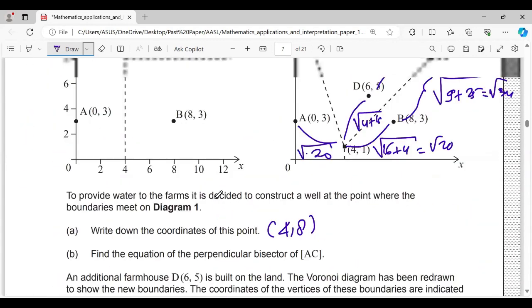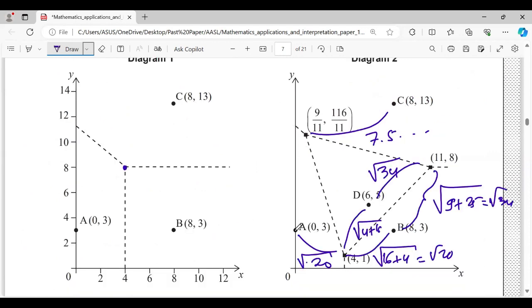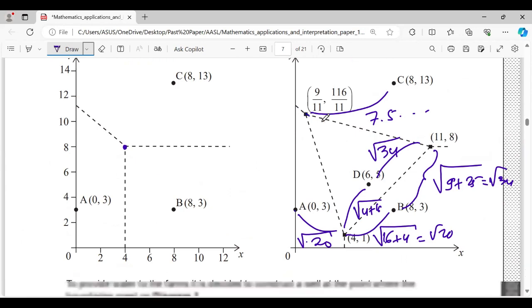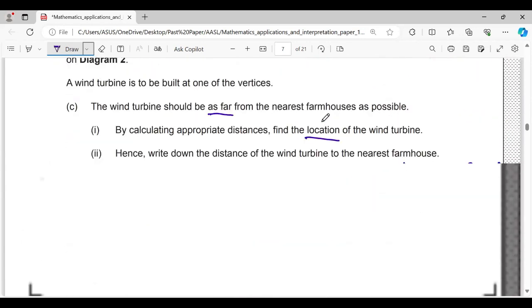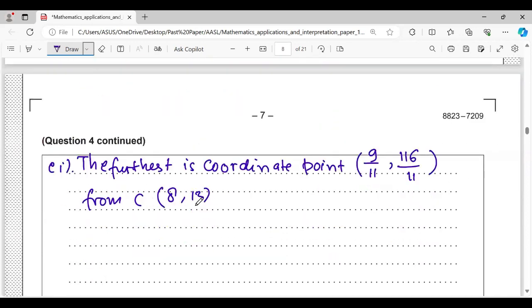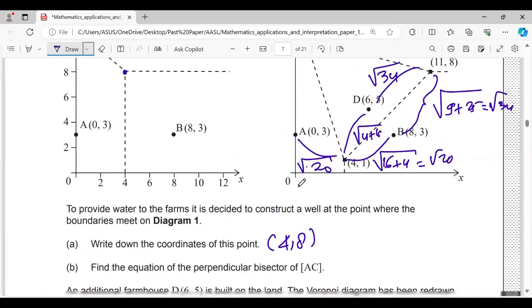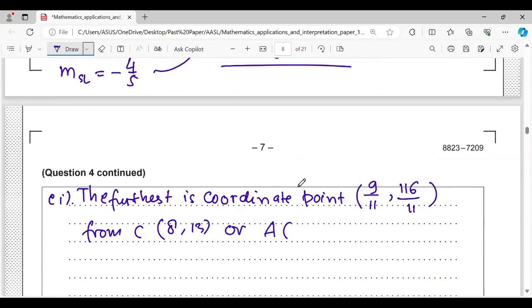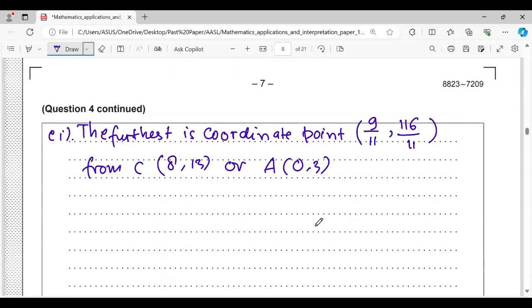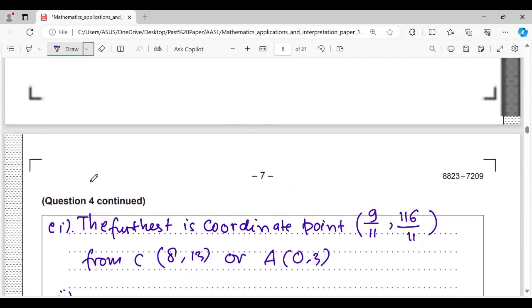As well, you can evaluate from this coordinate point to this coordinate point, or from A, (0, 3).